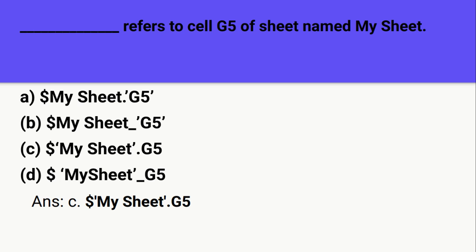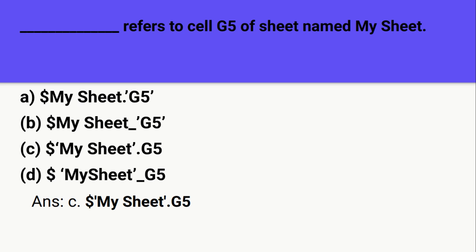Then in quotes we have to write the name of the sheet. In this case our name of the sheet is my space sheet. Then we have to put one dot and we have to mention the cell name. So the correct answer is C.